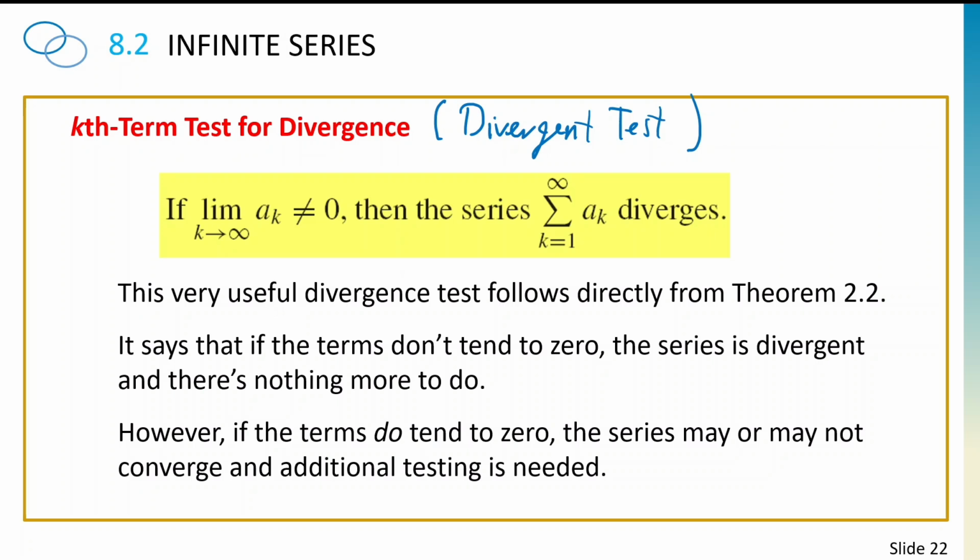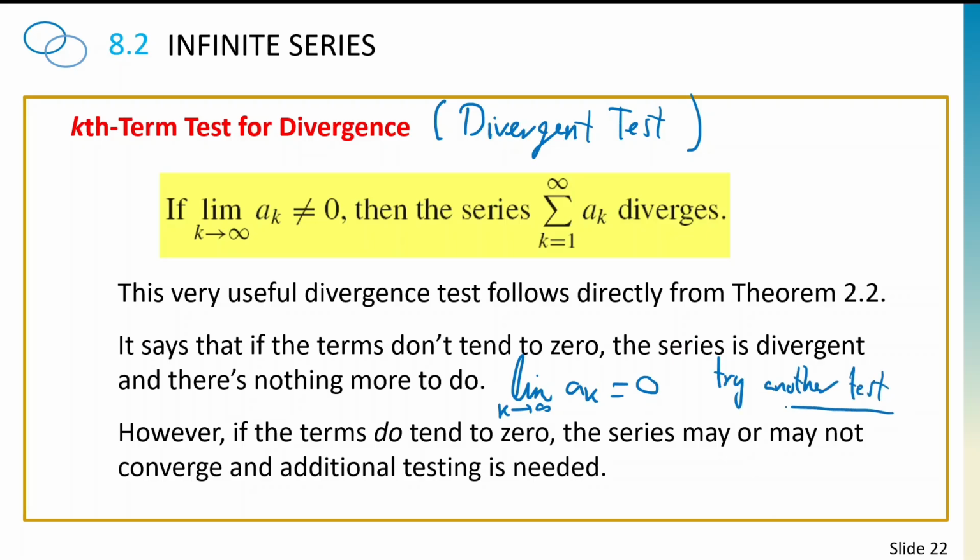So let's agree on this: this test is useful only if the limit of a_k does not equal 0. If the limit of a_k equals 0, there's no conclusion. You need to try another test.